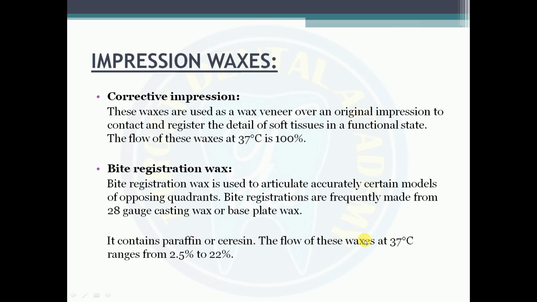The flow of these waxes at 37 degrees Celsius ranges from 2.5% to 22%. See, the flow of the corrective impression at 37 degrees Celsius is a complete 100%. But for the bite registration wax, the flow at 37 degrees Celsius ranges from 2.5% to 22%.